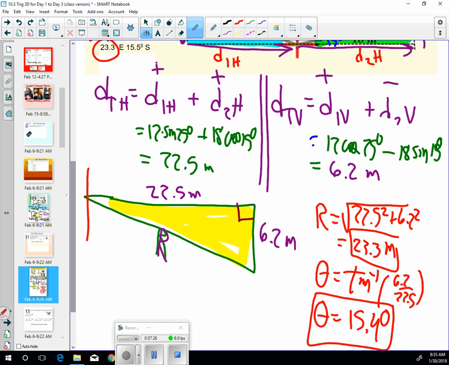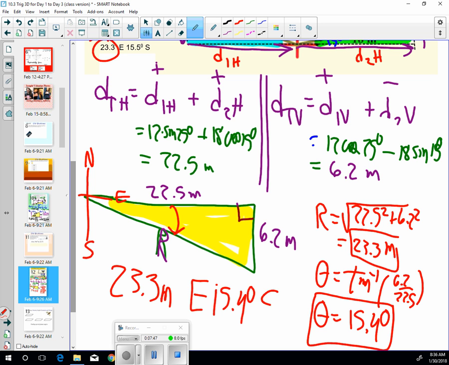So here's my little north, east, south. So the way we would say this is we're going 23.3 meters. We're going east first, and we're sweeping down 15.4 degrees south.